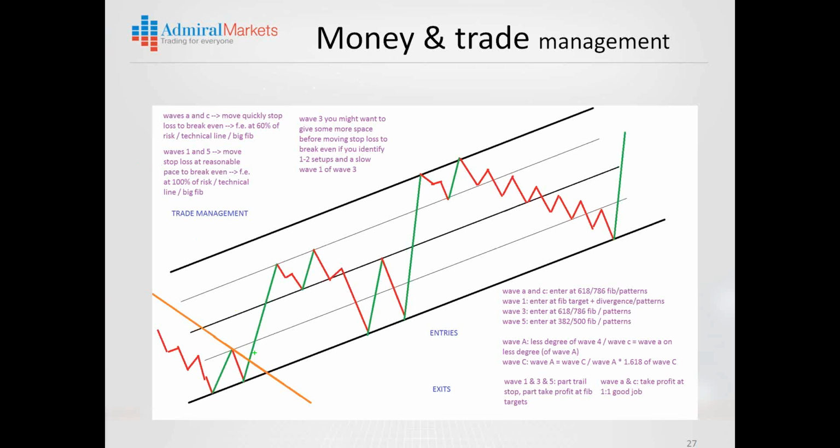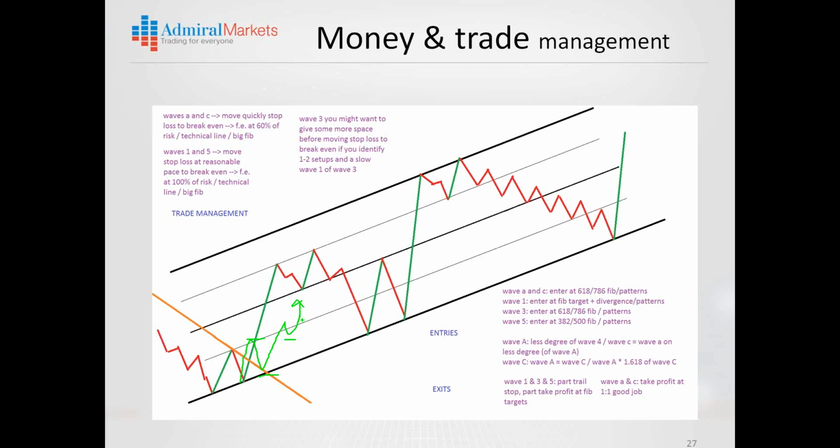Where you want to move to break even, for example, is if you break this top and you're going into wave 3, and within wave 3 you already made 1, 2, and you break again, you can easily move the current trade to, for example, this bottom, or even this bottom, because then we're in a wave 3 and we expect impulsiveness.